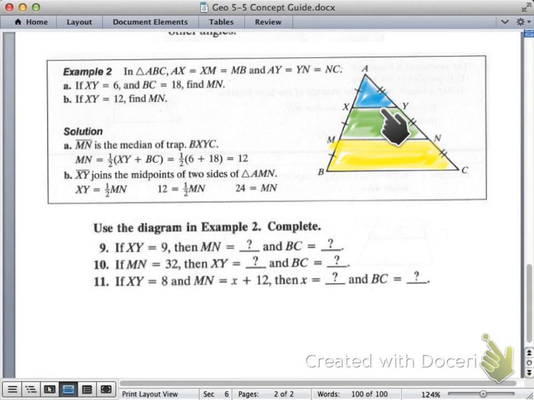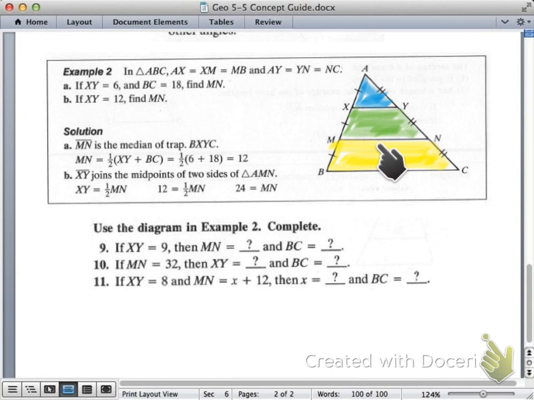This is a mid-segment to the bottom side of this triangle. If you put the green trapezoid on top of the yellow trapezoid, we have a bigger trapezoid, because these segments here are congruent, YN and NC, and then of course XM and MB.